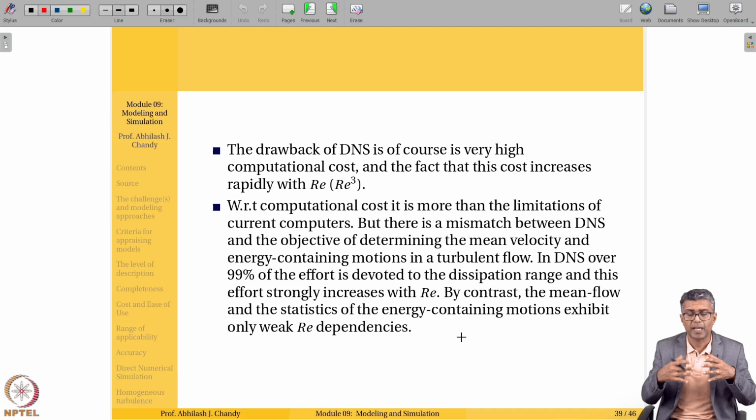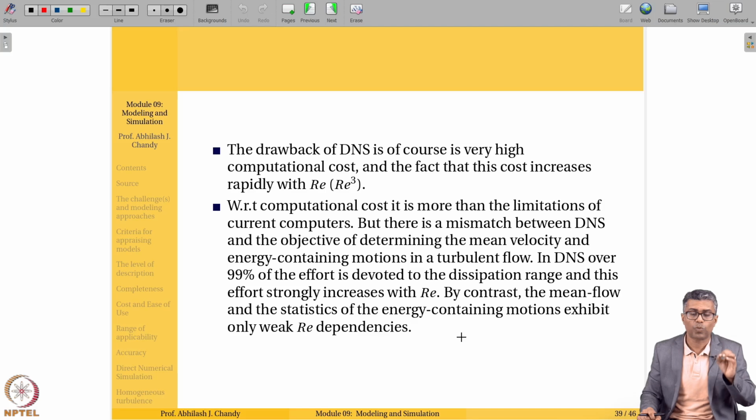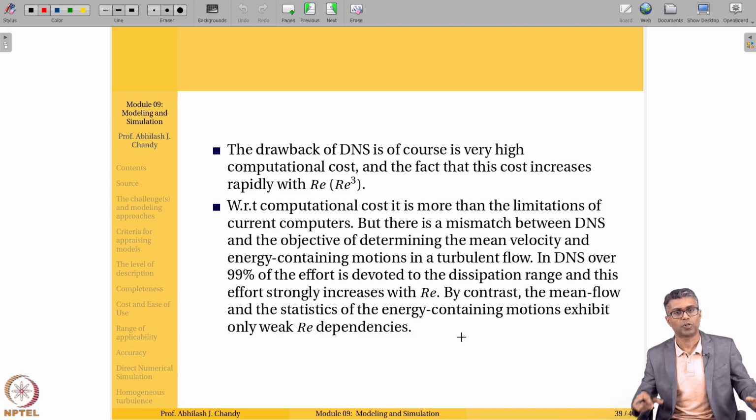So one way to put it is that you are spending 90% of the cost, and I'm just putting out a number there, to resolve 10% of the energy. Isn't it? So the question will always remain: can't you just spend 10% of the cost on capturing 90% of the energy? So like a 90-10 rule.